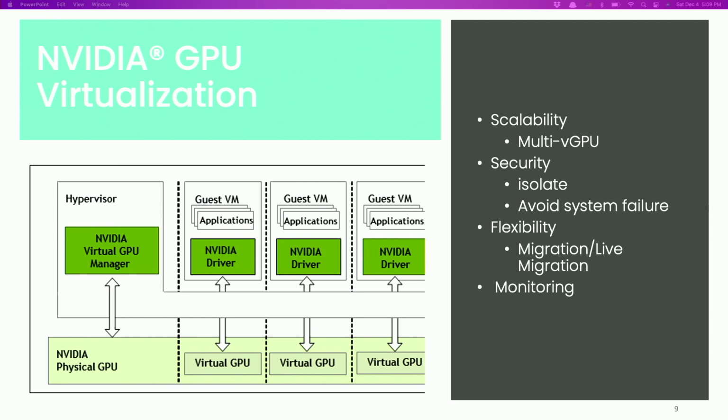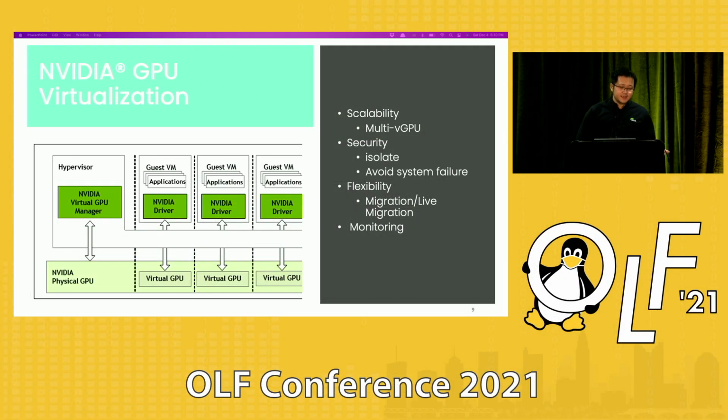So we really want to run multiple virtual GPUs, or vGPUs, on one physical GPU. The second thing: do we also want to snapshot the device? When we set up all the AI frameworks, if you have done that, you probably remember it's a disaster.